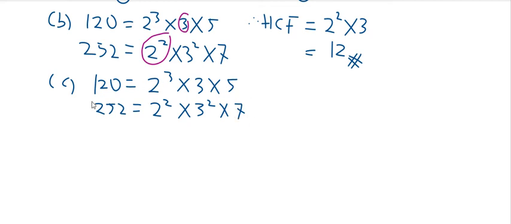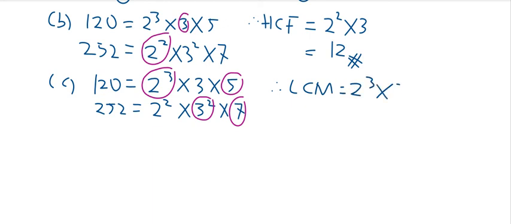Okay, you have the extra one. So 2 power 3 is taken, and 3 power 2 is the higher power, and you have 5 and 7. So therefore LCM will be 2 power 3 times 3 power 2 times 5 times 7. So here you will have 72 times 35, so 2520.